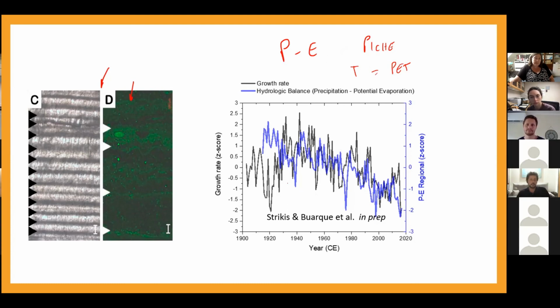So then we can compare the variation of calcite speleothem growth rate with the hydrologic balance, precipitation minus evapotranspiration, and we see that they go hand in hand along the 20th century. So as the climate is getting warmer, the evaporative demand is increasing, and the hydrologic balance is going towards more negative values, and we see the same thing affecting speleothem growth.